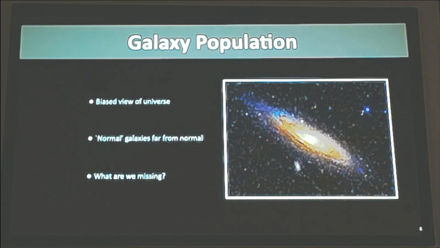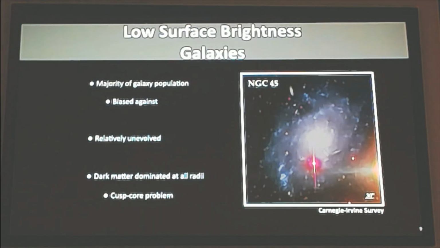Namely, we discovered that as we looked at galaxies closer and closer in brightness to the sky level, the number of galaxies fell off. So we were seeing basically that all galaxies were brighter than the sky. So either the universe knew how bright our sky was and was only forming galaxies brighter than the sky, or there happens to be a number of galaxies that are at that level or even fainter. And as it turns out, that is exactly true.